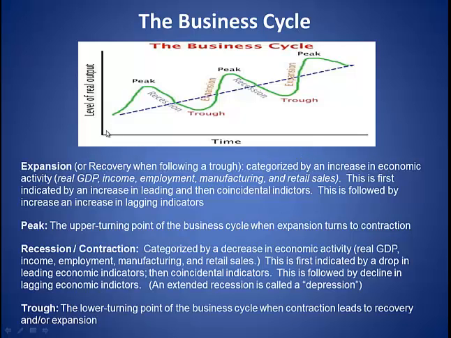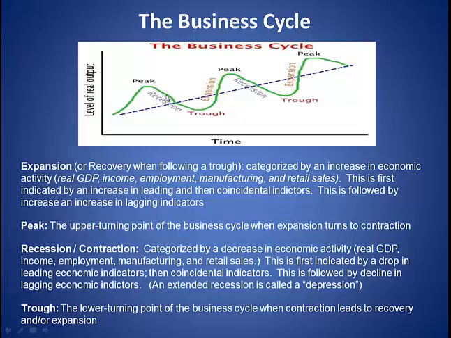So what we can see is that the economy goes through cycles over different periods of time. And you can see with the trend line that the economy is growing, but it's not growing in a straight line. It's going through a number of different cycles. The first cycle that it shows, I'm just going to start off with the peak. When we reach the peak, the economy will go as far as it can, and then it's going to result in what we call a recession or a contraction.